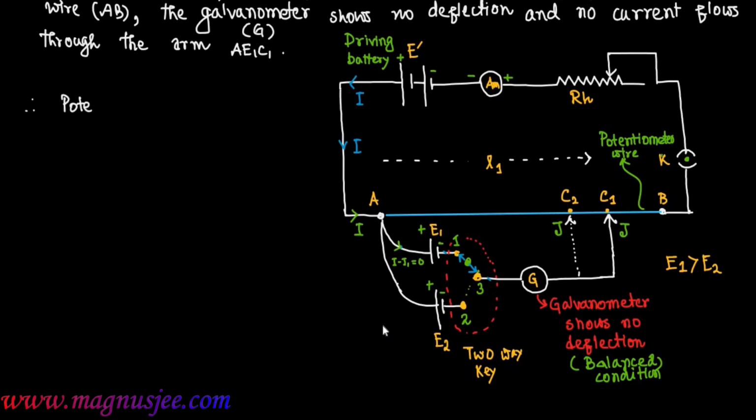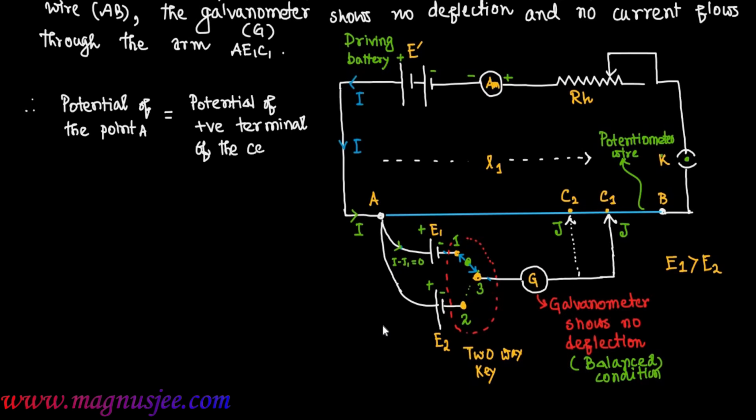Therefore, the potential of the point A will be equal to the potential of the positive terminal of the electric cell of E.m.f. E1.